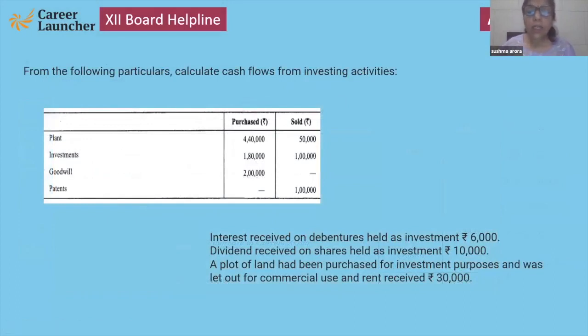See, clearly given, these are the purchased items, these are sold items. Interest received given, dividend received given, plot of land purchase, and it is given as let out for rental purpose. So rent received. Children, note down the question.